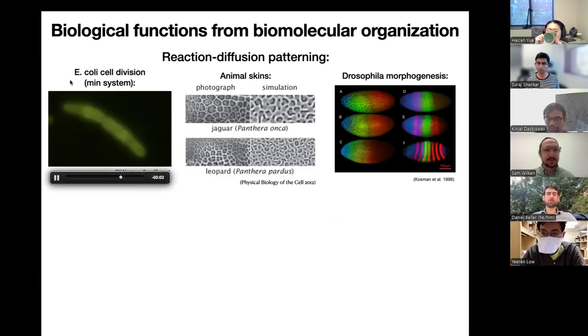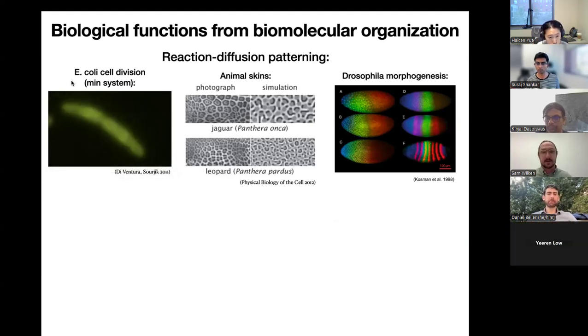So one example here is the so-called Min system in E. coli that determines where the cells divide. There are also these animal skins that occur from reaction-diffusion patterning, and also Drosophila morphogenesis here, where cells signal and the intracellular transport is what determines, for example, where these body segments form.